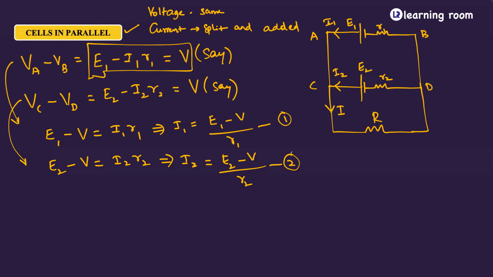I need to replace these two cells with one cell whose effective value is E equivalent and R equivalent, connected across the same resistor capital R, and this cell is going to supply the total current of I1 and I2, which is going to be the same I here. Am I clear with this?